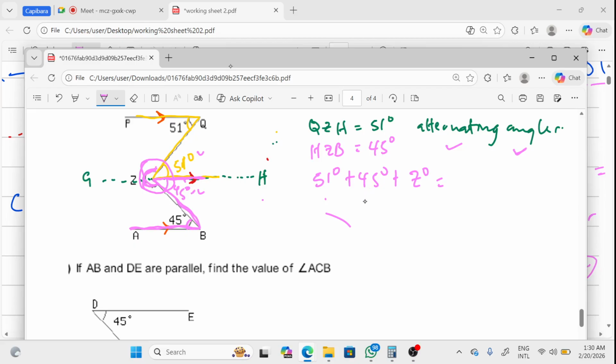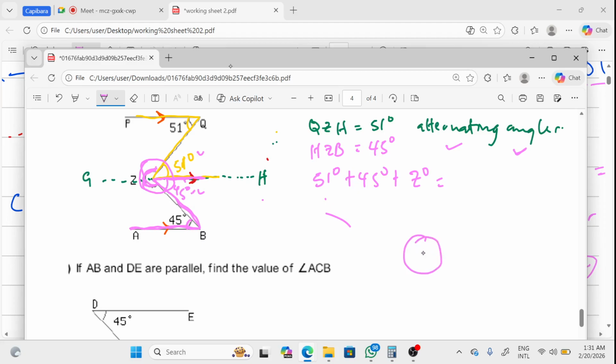Shemilore, what is the angle at the point? What's the angle at the point? Shemilore, see, this is a complete circle.